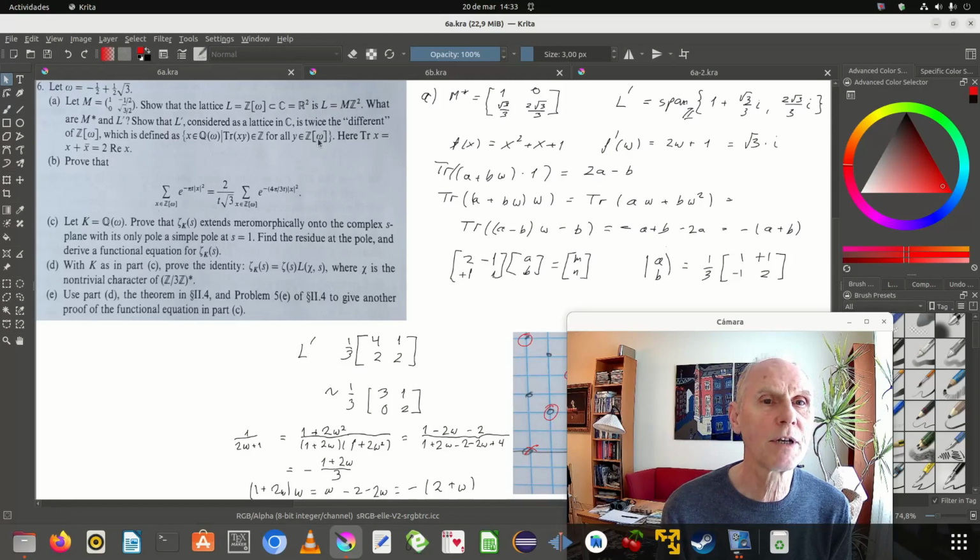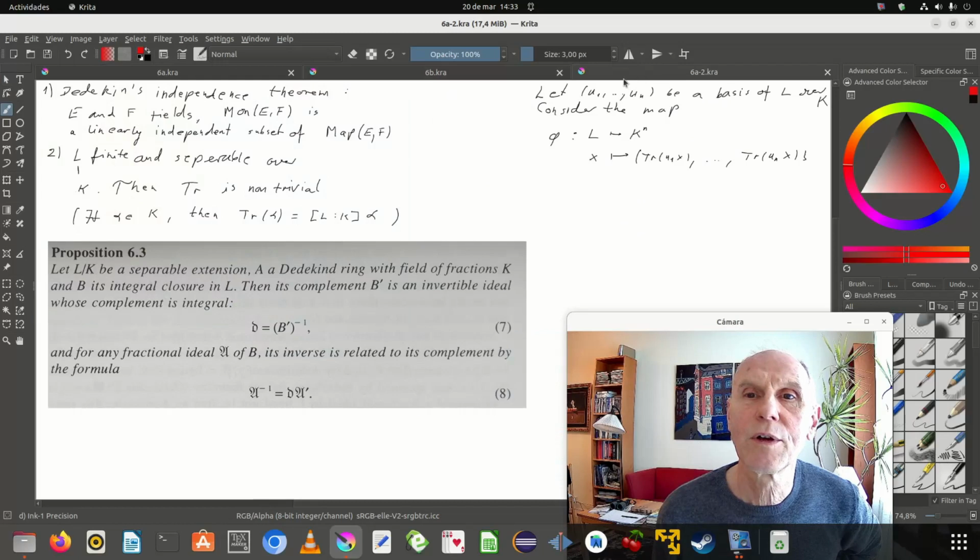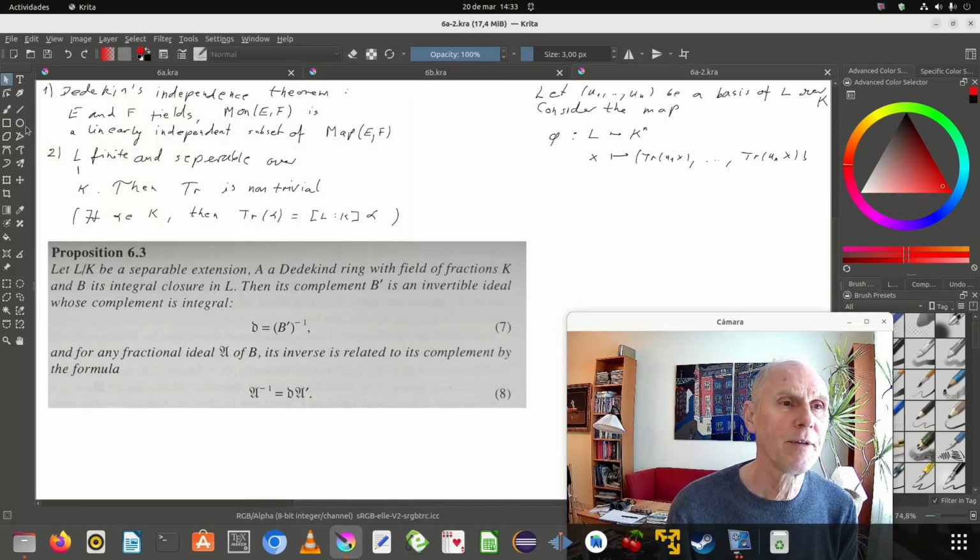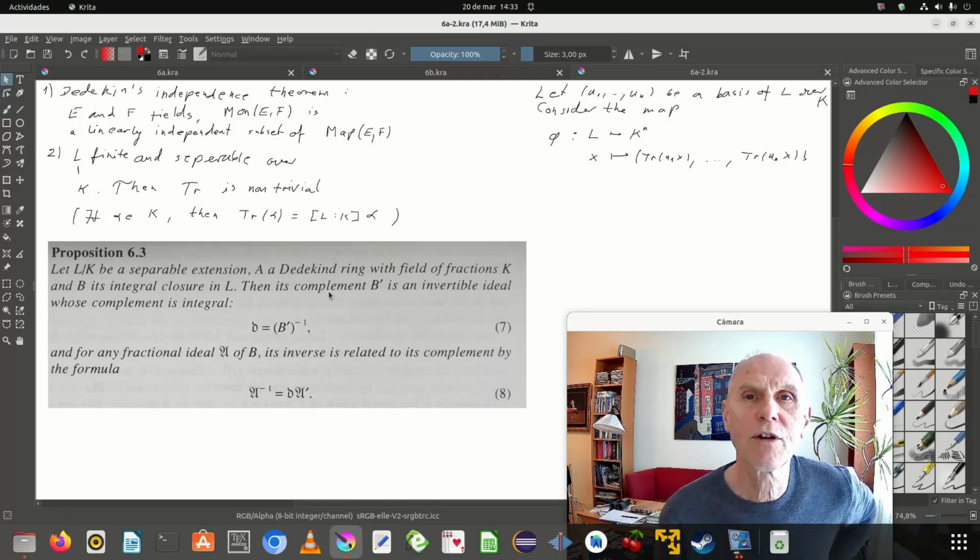That's the complement. So, to speak, it's the reciprocal of the different. They call it the complement, but maybe the names are not standardized. I don't know.